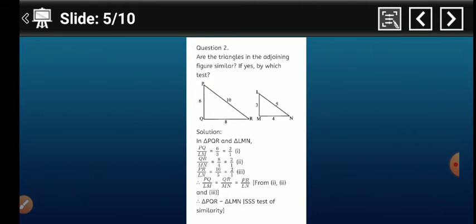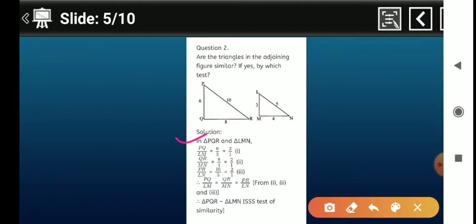So take the ratio of sides in triangle PQR and triangle LMN. First ratio, that is PQ upon LM. The ratio becomes 6 upon 3, and 6 upon 3 is 3 twos are 6 and 3 ones are 3, so 2 upon 1. This is the first pair of sides. The second pair of sides is QR upon MN.